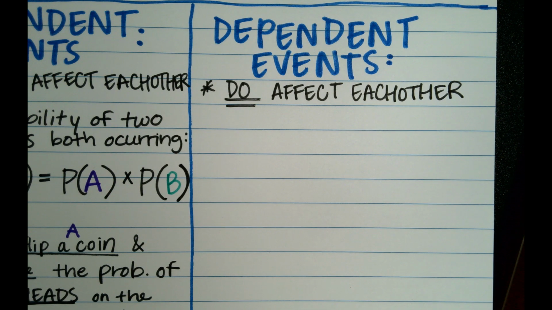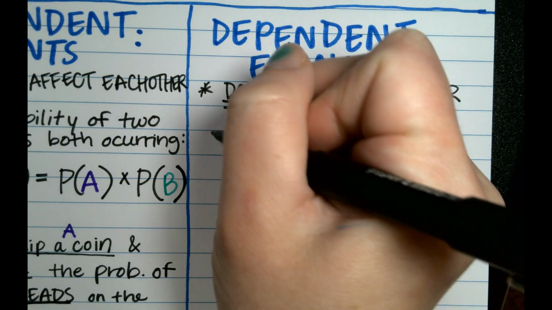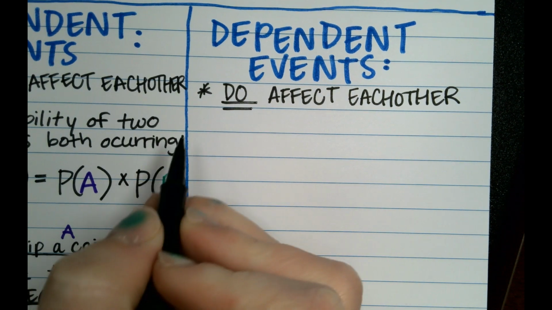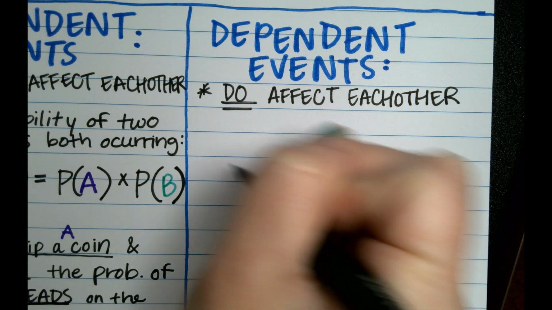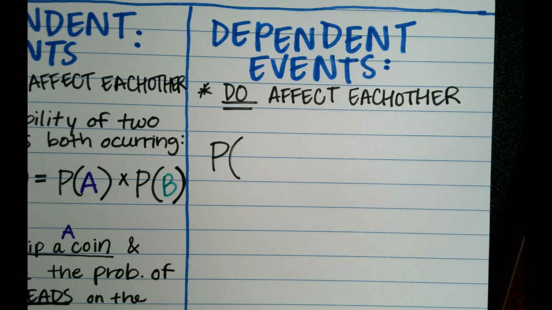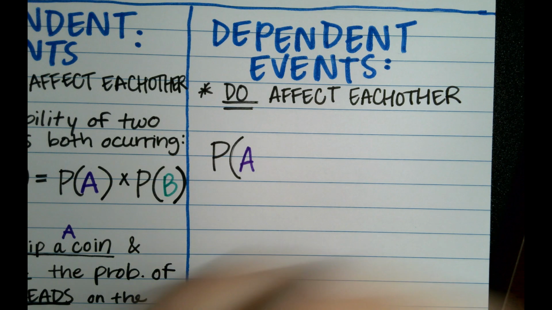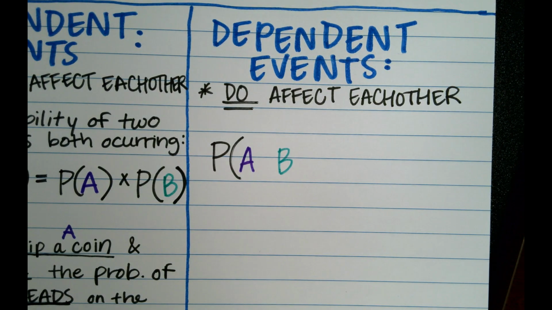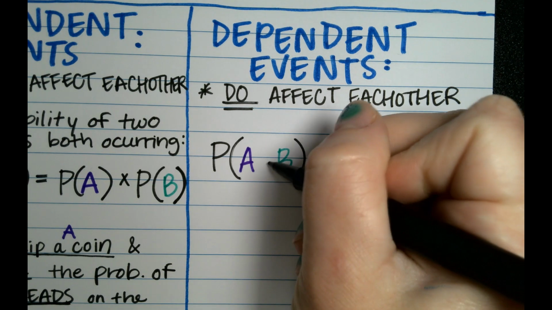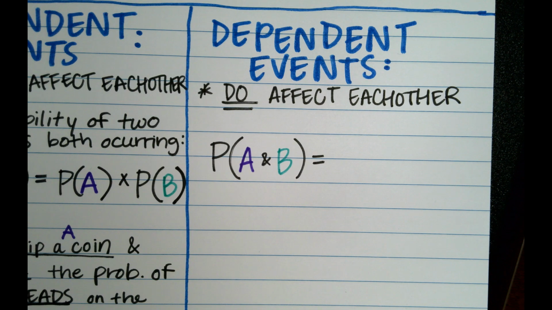For example, well, before I give you that example, I'm actually going to write out the formula for that. So the probability of 2 dependent events, let's write A and B. This will be a little different.